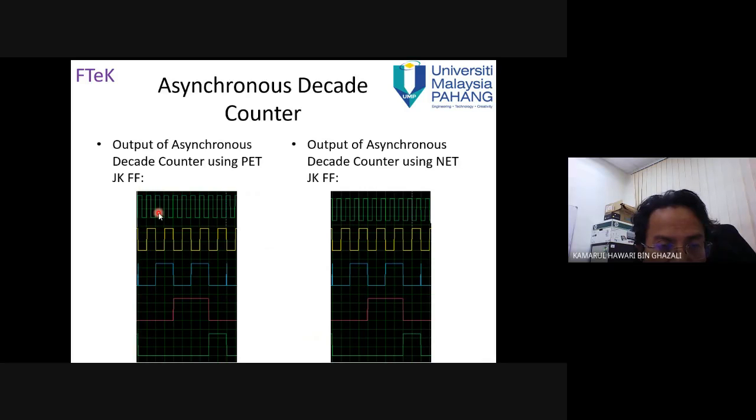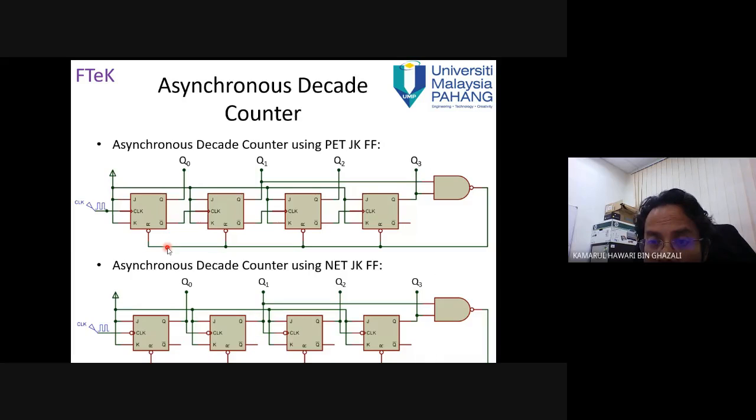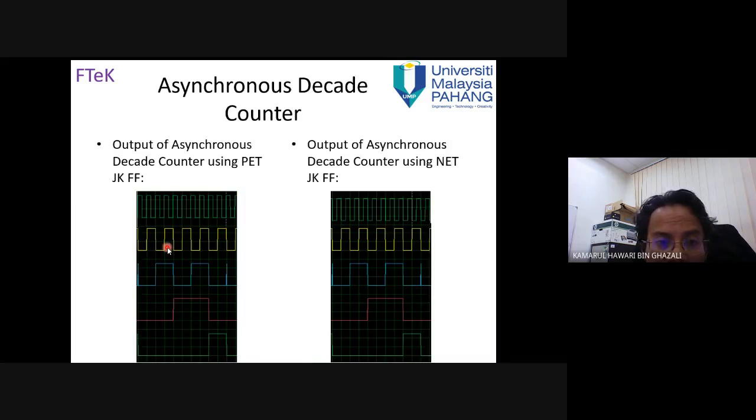This is the clock, Q0, Q1, Q2, Q3. 0000, 0001, 0010, 0011, 0100, 0101. So dia akan reset dekat sini. Tak reset dekat sini kan.